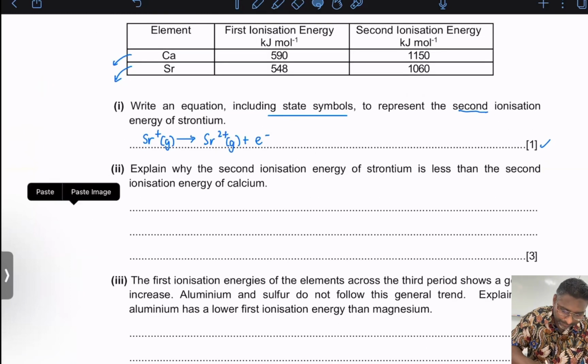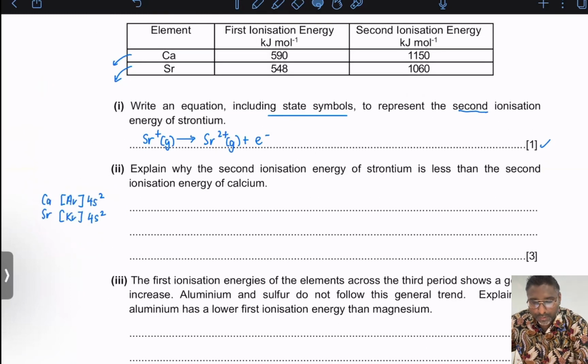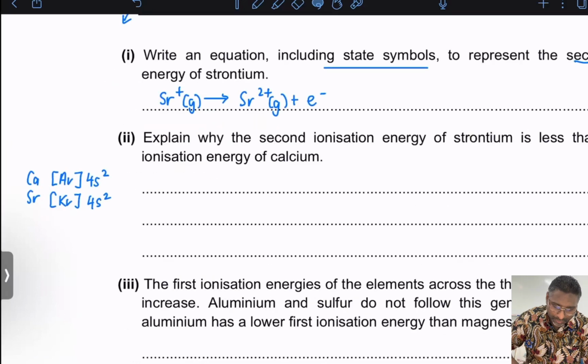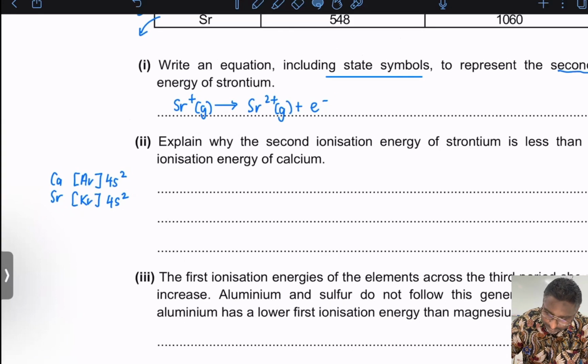Now, in this case, when we want to explain why the ionization energy of strontium is less, do remember, sorry, I think this one is 5s2, my mistake.